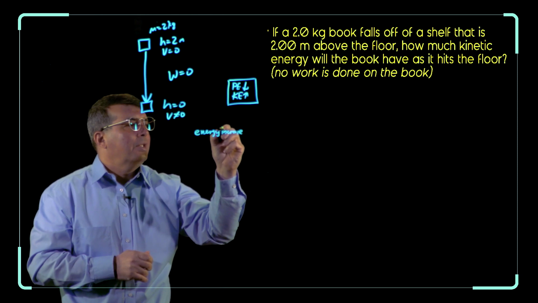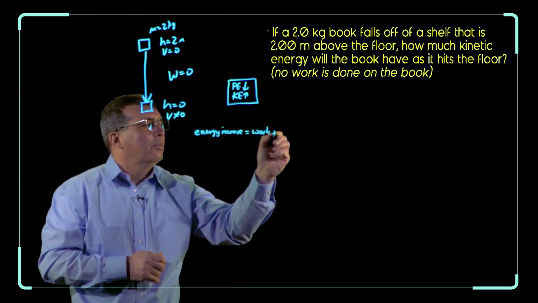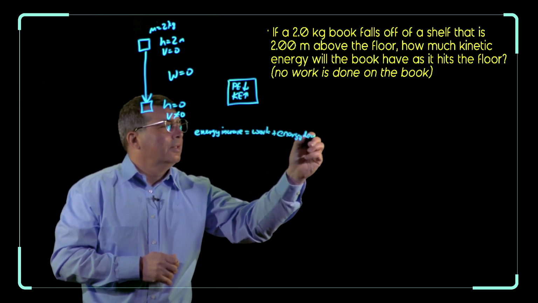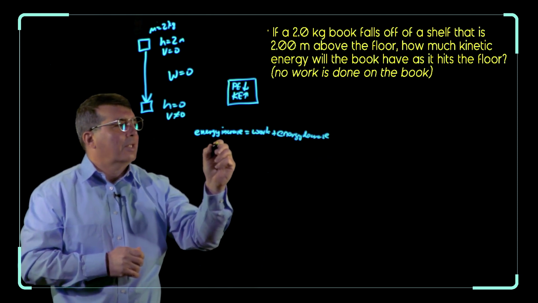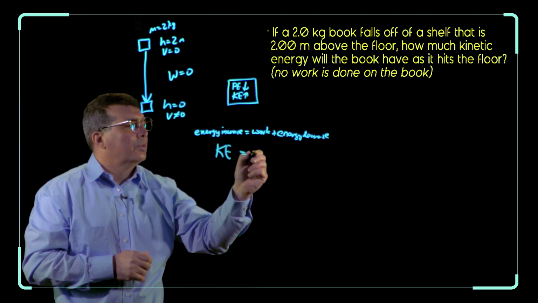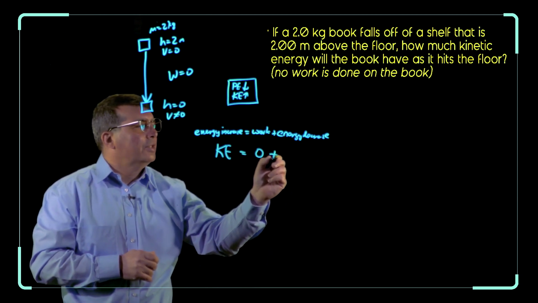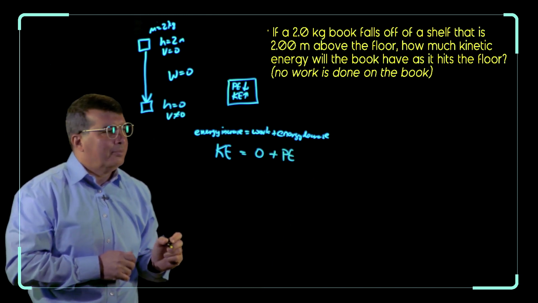Our energy increase is equal to our work plus our energy decrease. Our energy increase is our kinetic energy. That's what we're looking for. It is equal to our work, which is 0, plus our energy decrease, and our energy decrease is our potential energy.